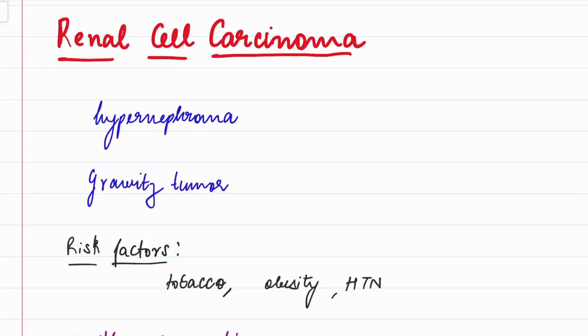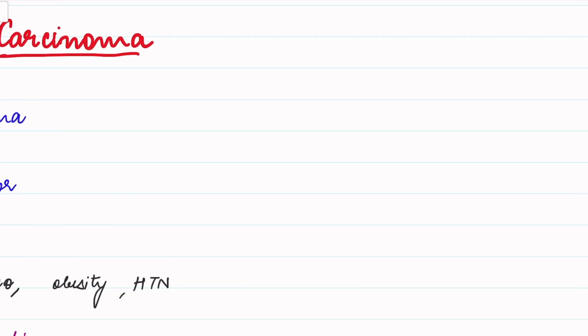I'm Dr. Himanshu Gupta and today we are going to discuss a few questions about renal cell carcinoma. First of all, you should know the various types of renal cell carcinoma, then the cell of origin of the various types.